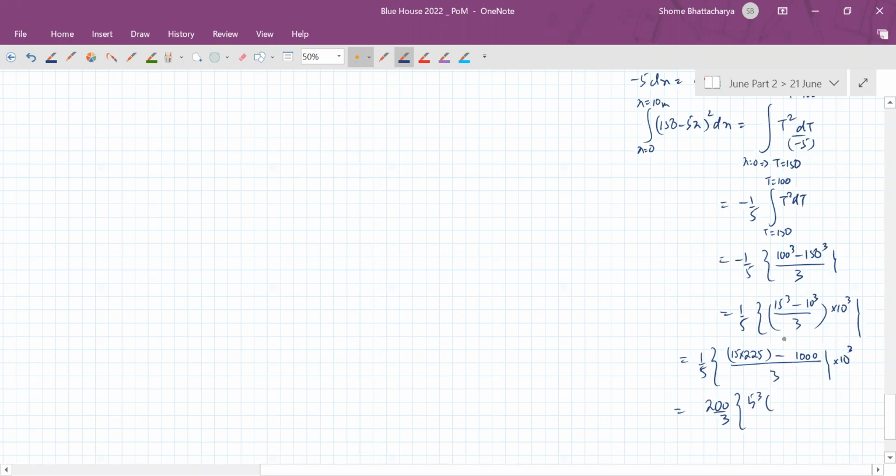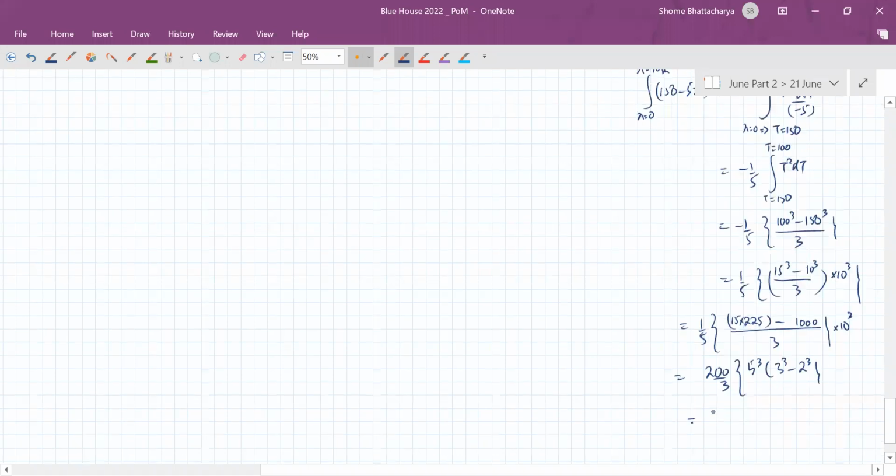You could have just taken 5 cube common. This would have been easy. 27 minus 8, so 19. This will be this integration part.